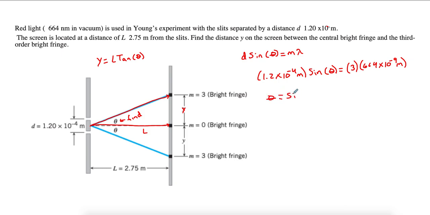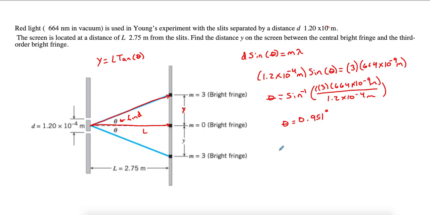Theta will just be the inverse sine of 3 times 664 times 10 to the negative ninth divided by the 1.2 times 10 to the negative fourth. And theta will therefore be 0.951 degrees. Really small angle.